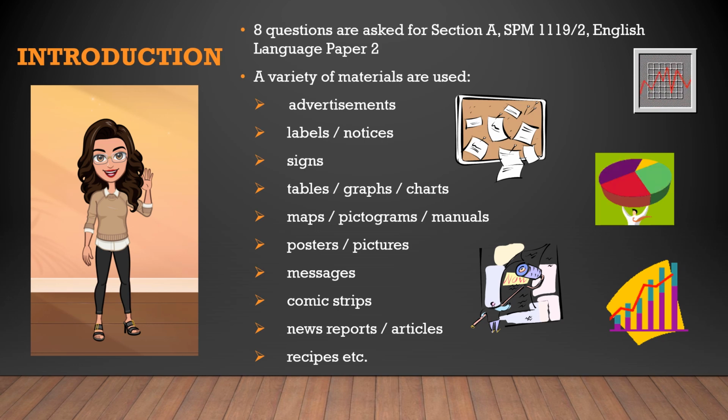A variety of materials are used for the questions, and they include advertisements, labels or notices, signs, tables, graphs or charts, maps, pictograms, annuals, posters or pictures, messages, comic strips, news reports or articles, recipes, and many more.